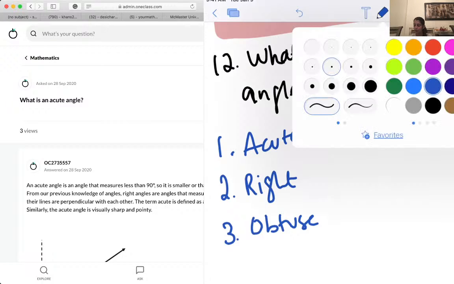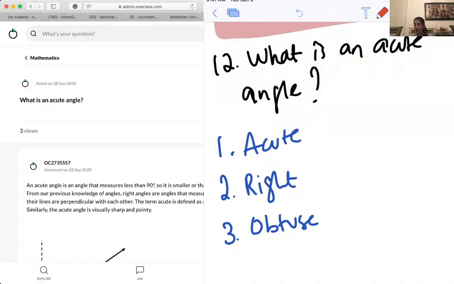They all range different things. An acute angle is anything that is from 0 degrees to 90 degrees, but it does not include 0 or 90, which is why they're in brackets. The right angle is exactly at 90 degrees.